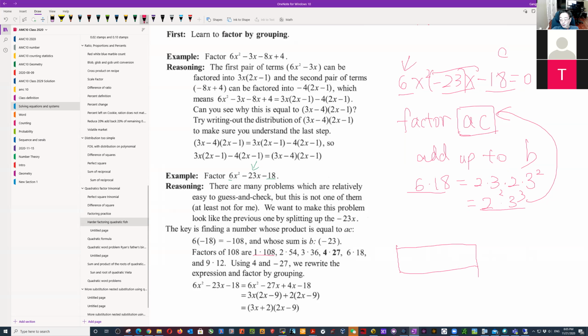If one factor is 1 on one side, and everything else is 2 squared multiplied by 3 cubed, this is 108. And obviously 1 and 108, plus or minus, cannot get you 23. So that is out of the way.